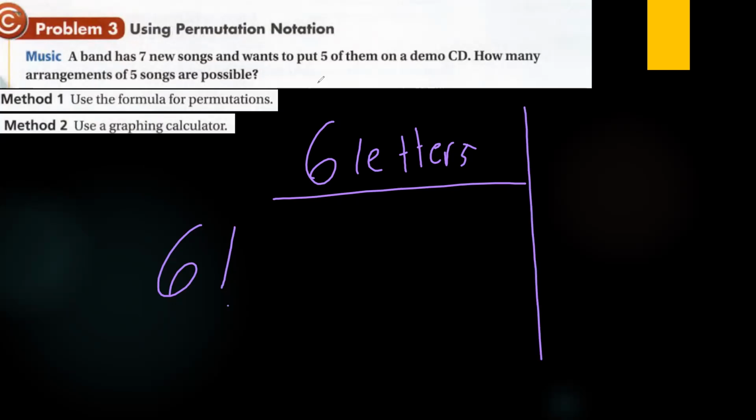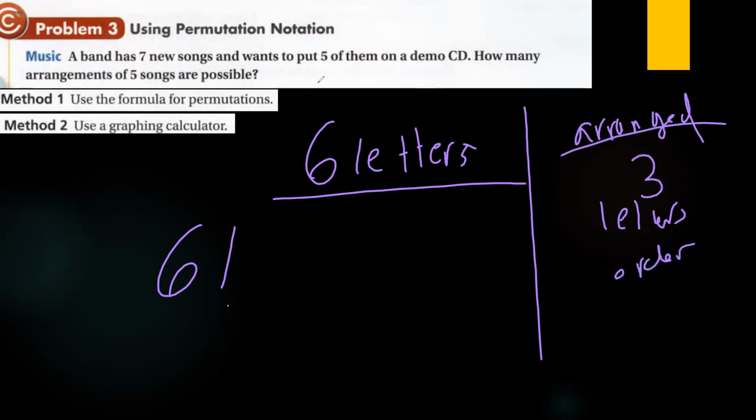But when I ask you in how many arranged ways you can use 3 letters, in order, 3 letters from the 6 letters, what you have to do is permutation of 3 from 6. This is now the difference between them.